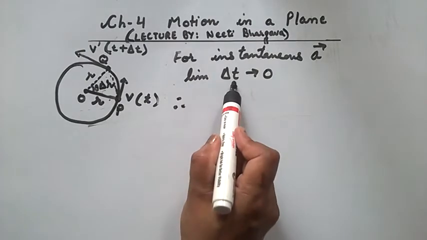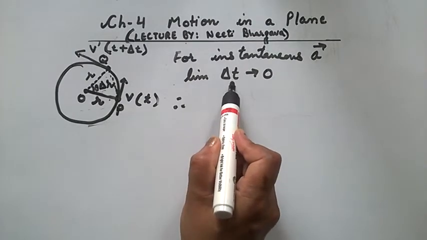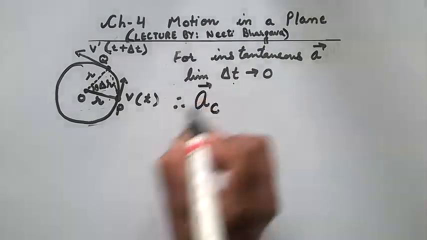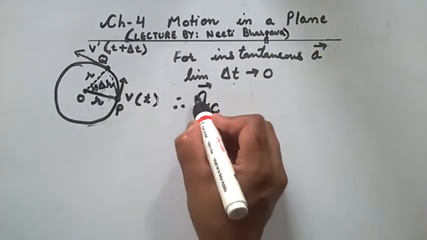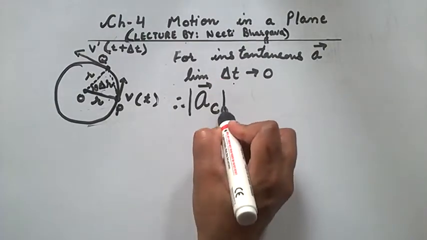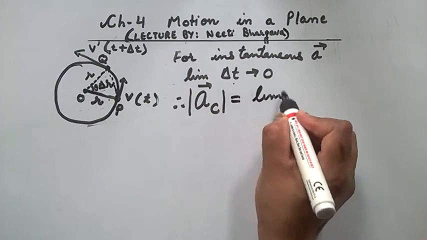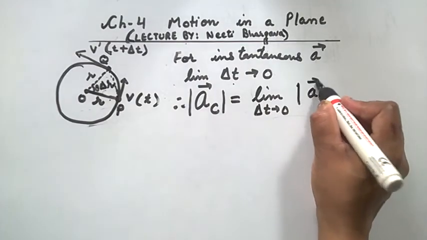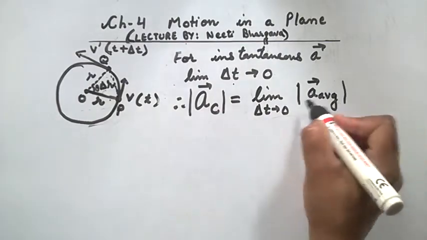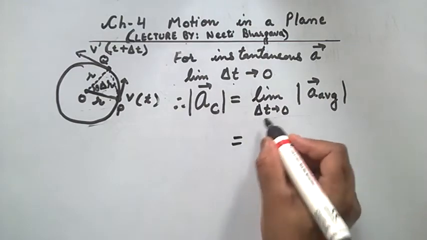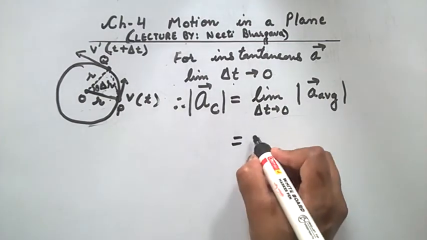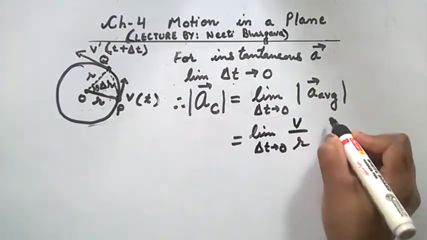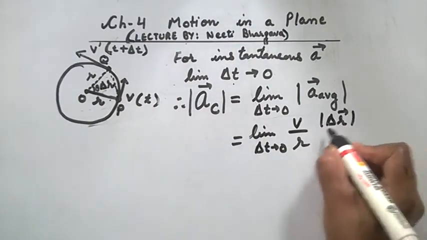When we apply this limit on average acceleration, we get centripetal acceleration. We are finding its magnitude right now, and it is equal to limit delta t tends to 0 of the average acceleration magnitude, that is limit delta t tends to 0 of v by r del r by del t.